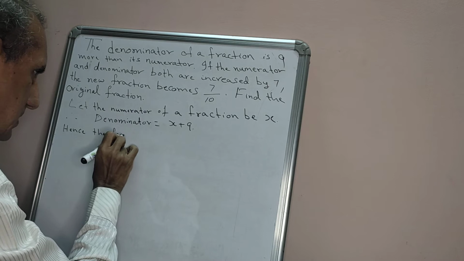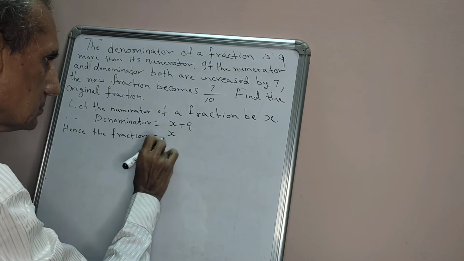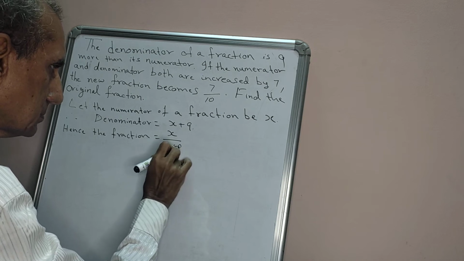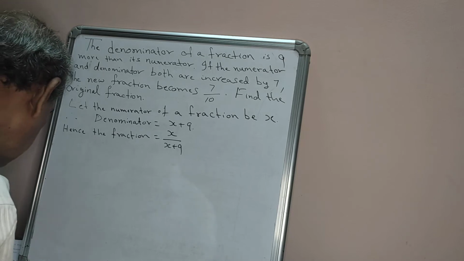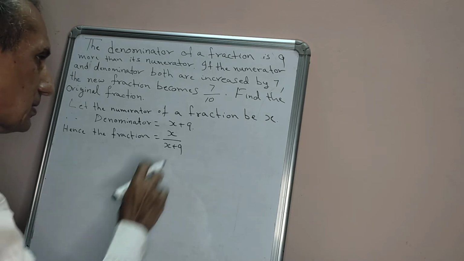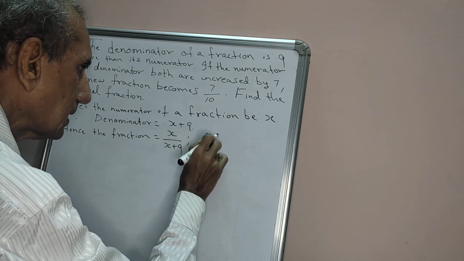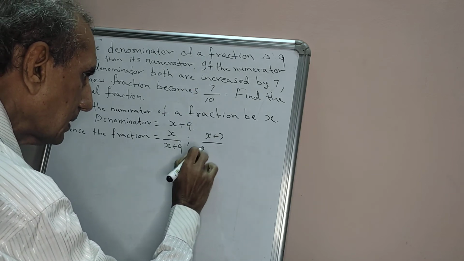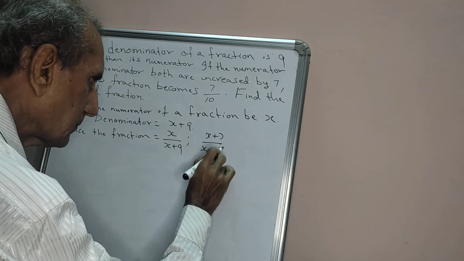Now, if both are increased by 7, what happens? X plus 7 by x plus 9 plus 7. 9 plus 7 is how much? 16.